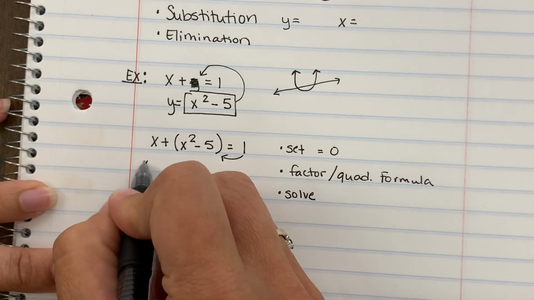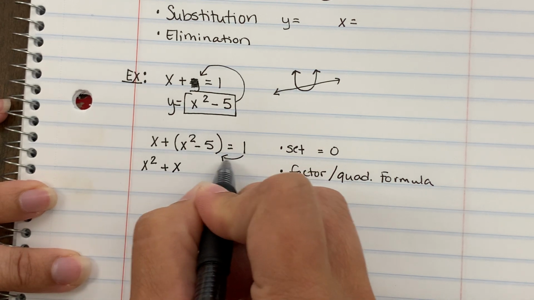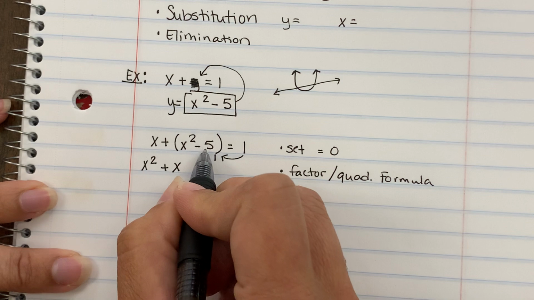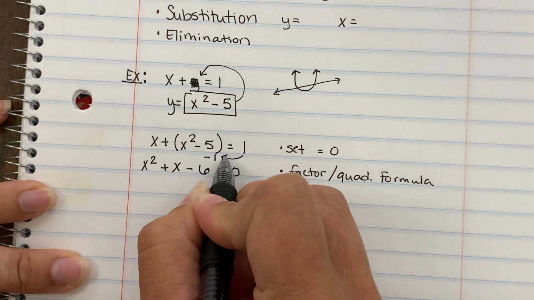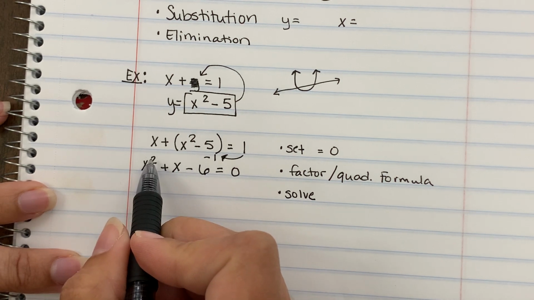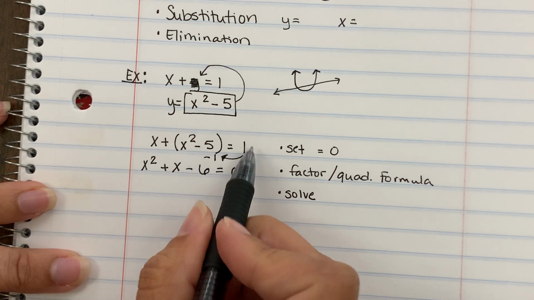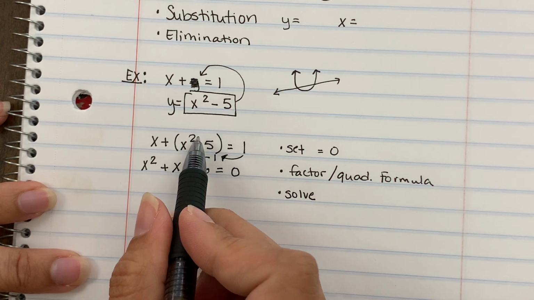So x squared would come first, then my x, and then negative 5. When I move this 1 over, I'm going to subtract it. So negative 5 and a negative 1 is a negative 6. So all I did was put it in standard form by moving that x squared first, then the x term, and then my constants I put together, negative 1 and negative 5.